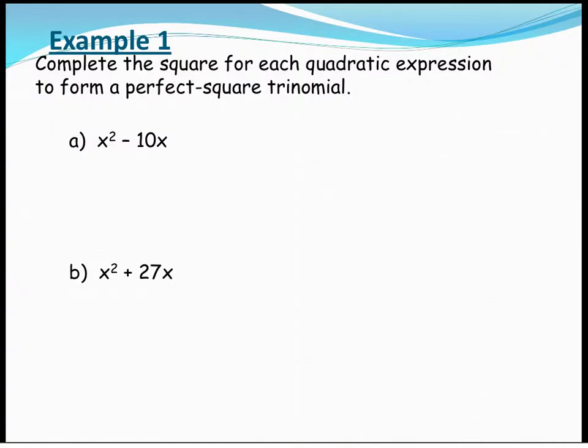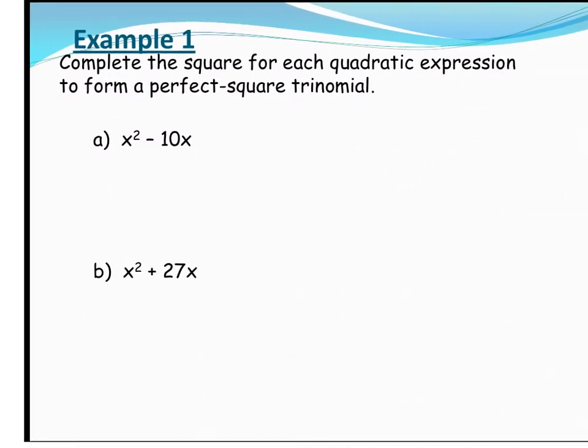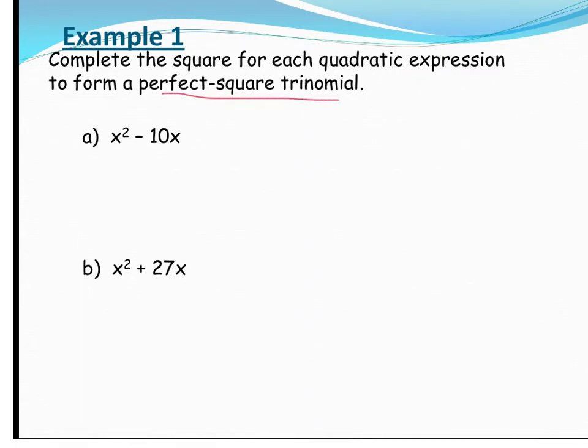So we complete the square for each quadratic expression to form a perfect square trinomial. In order for this to be a perfect square trinomial, we need two terms multiplied together that are the same. I'm going to tell you what the factor is before I tell you how to complete the square.